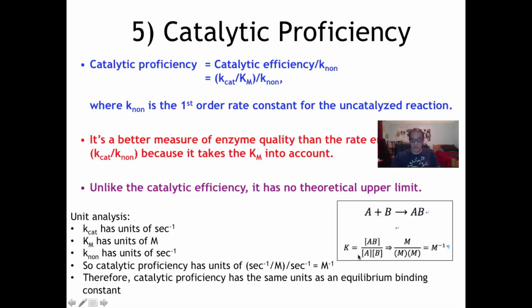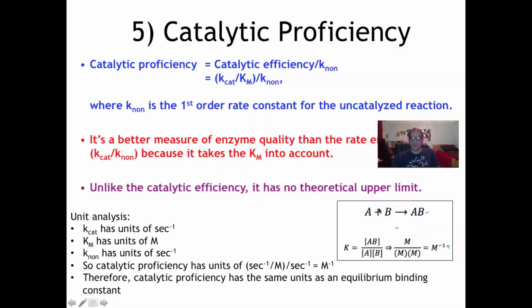It's the concentration of AB divided by the concentration of A times the concentration of B. Since all three of these are molar concentrations, the units of an equilibrium binding constant are once again molar^-1.